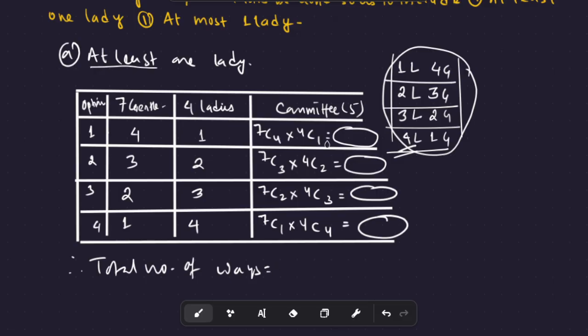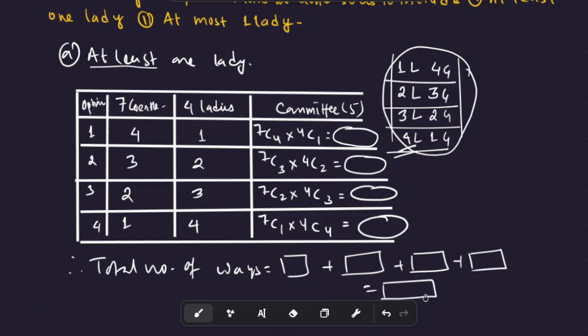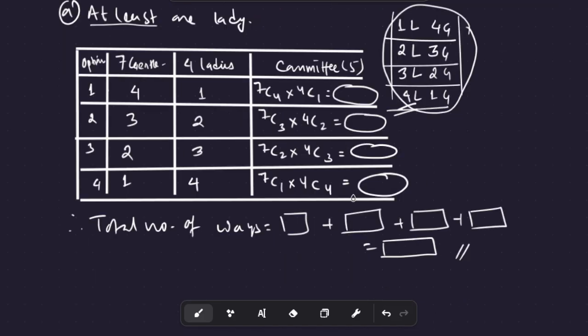We have to add all these values: option number one plus option number two plus option number three plus option number four. After adding, we'll get one value, and this will be our answer. Now, do you have any problem with this calculation? No.